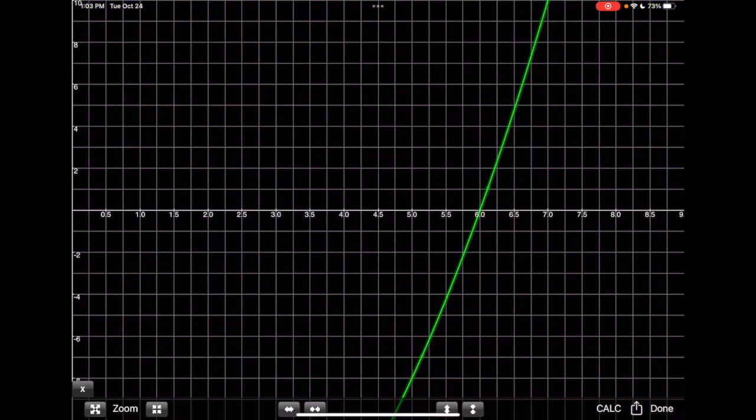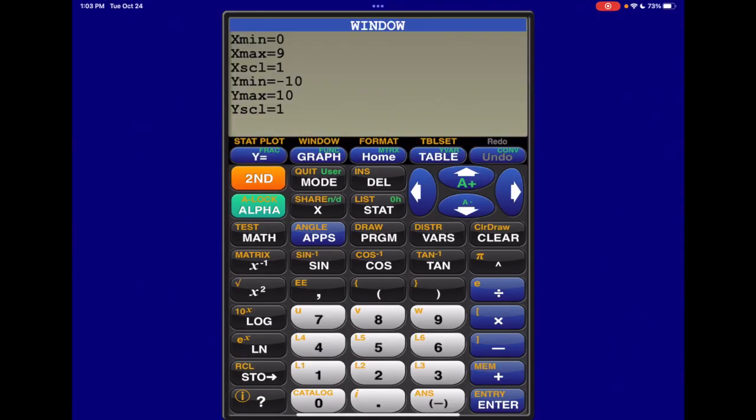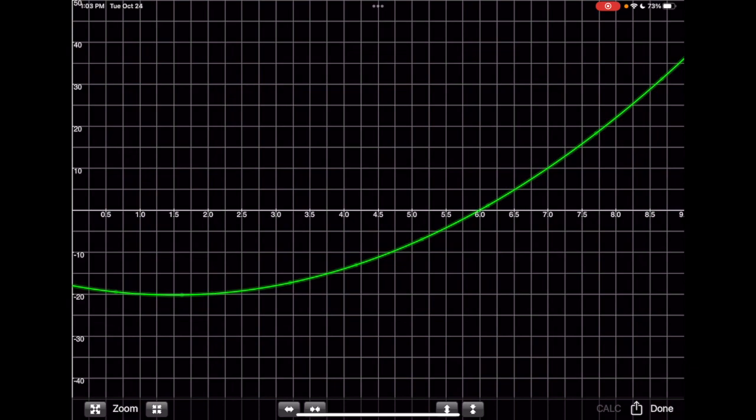So let's look at the graph. Not a very good one, so let's change those heights by quite a bit. Going back to the window, let's go from negative 50 to 50, because we weren't seeing a lot of what was going on. That's better. Now we can see it all.